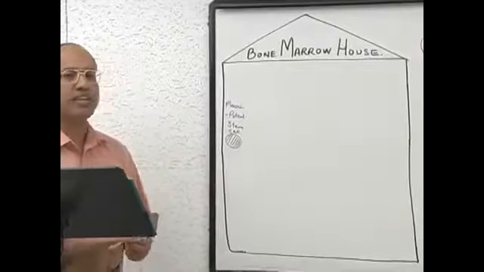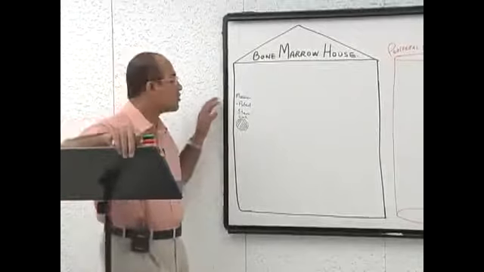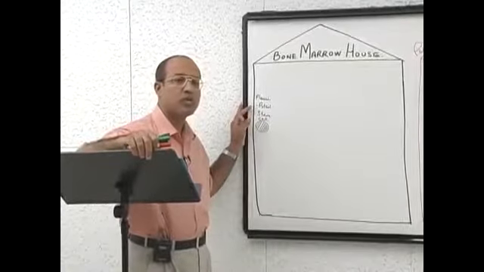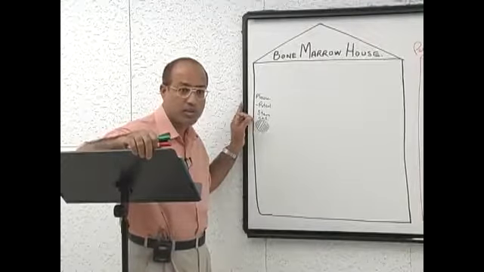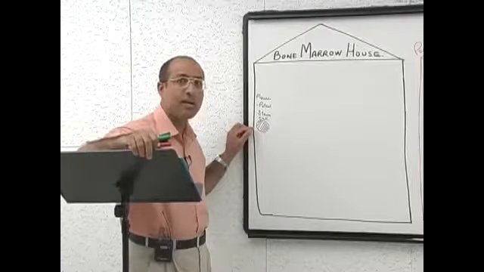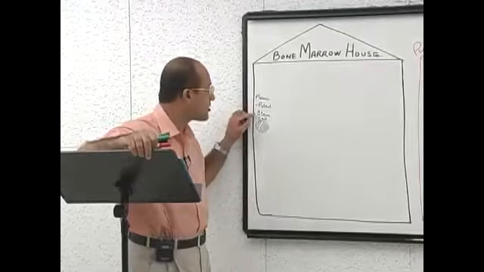Stem cells are of so many types. Some are called totipotent stem cells. Totipotent means that the stem cell has the capacity to convert into the total tissue of the body. These cells are not totipotent. They cannot make all the tissue of the body, but we call them pluripotent stem cells.